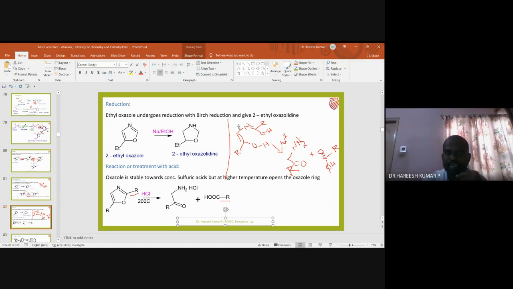The lone pair present on this oxygen picks up this proton. Once the lone pair present on this nitrogen picks up this proton, this bond pair will move over here. When this bond pair is moving over here, another OH will attack this carbon. Then again the lone pair present on this oxygen picks up one more proton, and there will be a cleavage of this one.